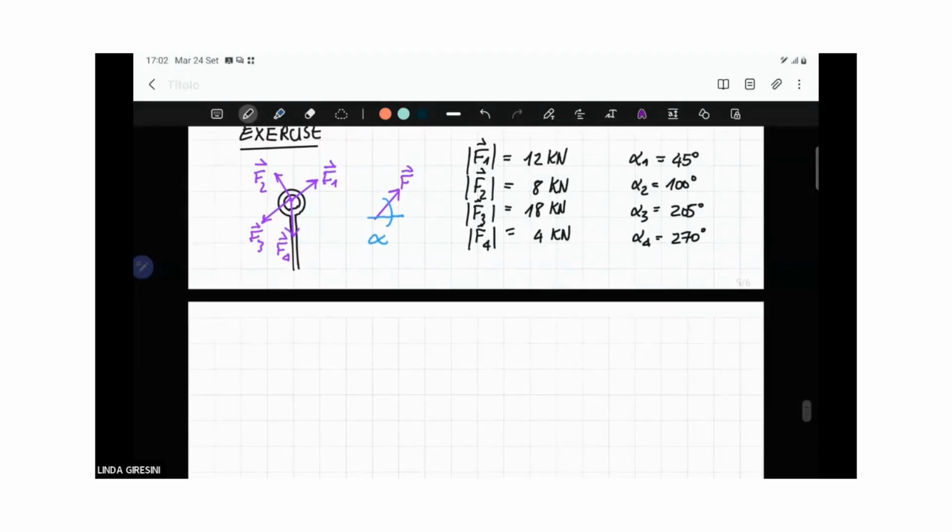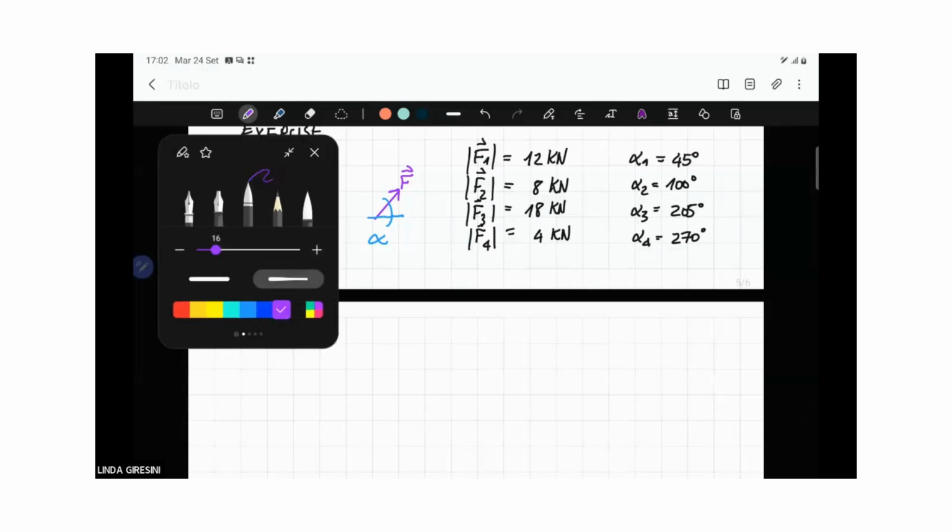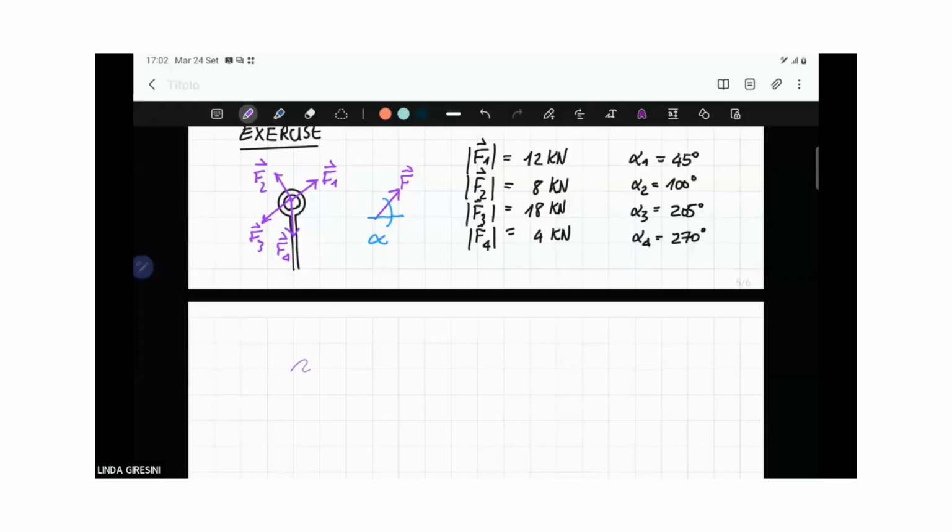Just as an example, F3 is this one, and the angle is alpha 3, this, okay?